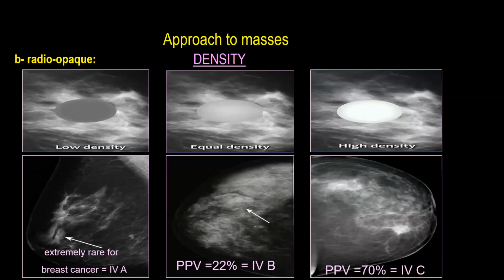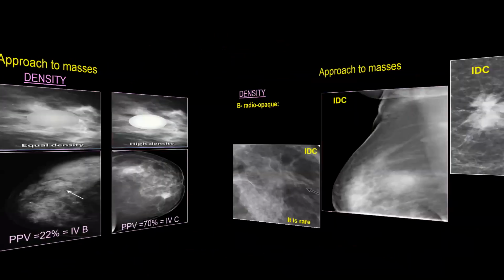Here we are giving the BIRADS category for the descriptors, not for the mass, because this is a spiculated mass and a lot of things. But looking only at the descriptors, when we give the BIRADS, it is the evaluation for the descriptors of high, equal or low density.